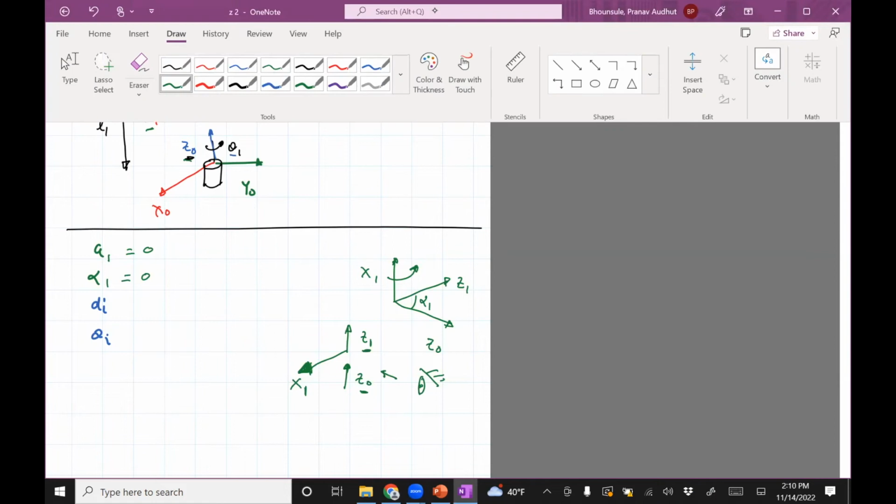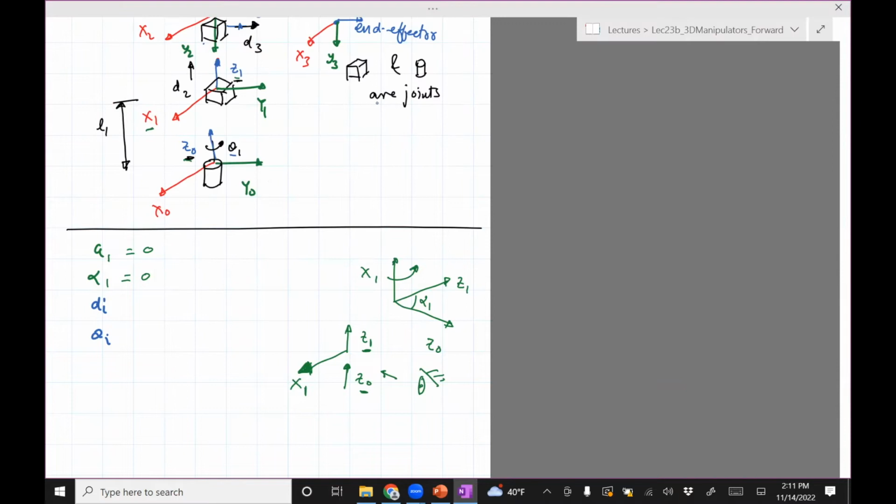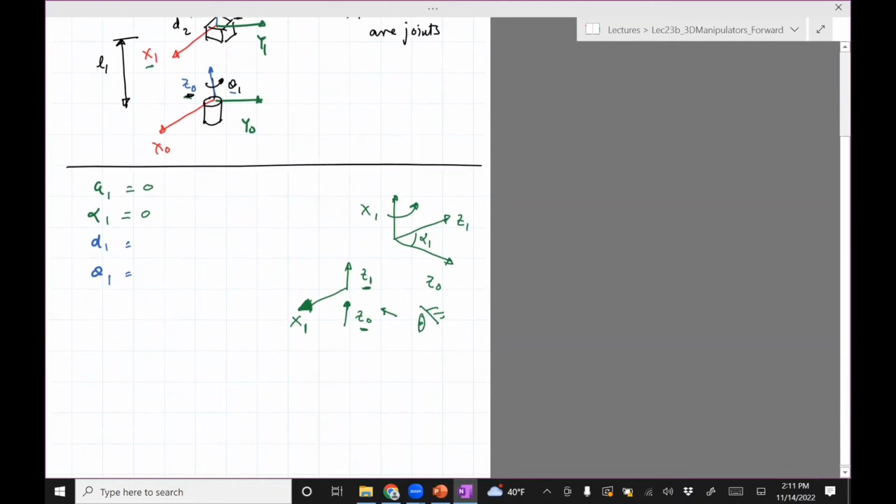Next, let's do the first link, d1 and theta1. Again, if you look at page 3, in that figure I have drawn x_(i-1), so with i as 1, x0, x1, and z_(i-1), which is z0.